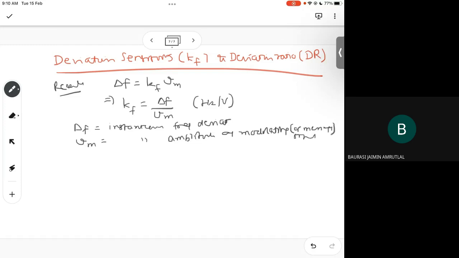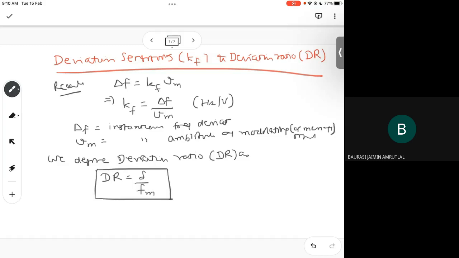We define deviation ratio, DR, as DR is equal to delta over fm. So this is the difference between the deviation sensitivity and deviation ratio.